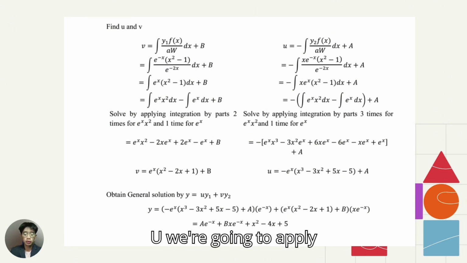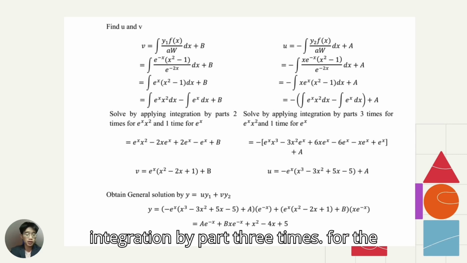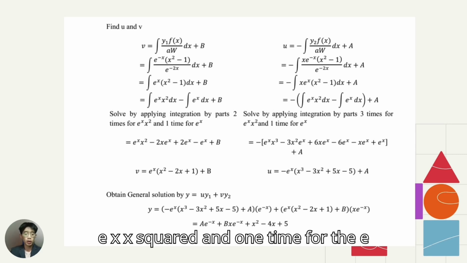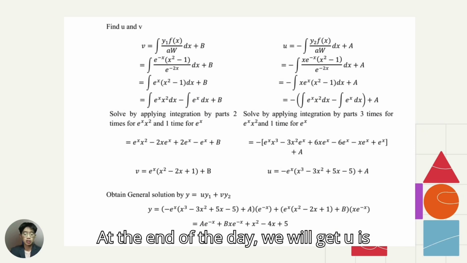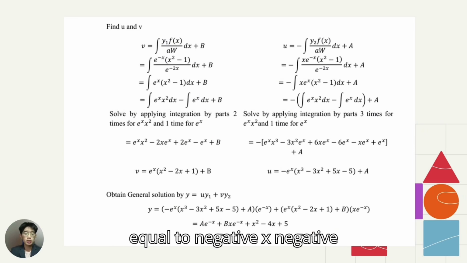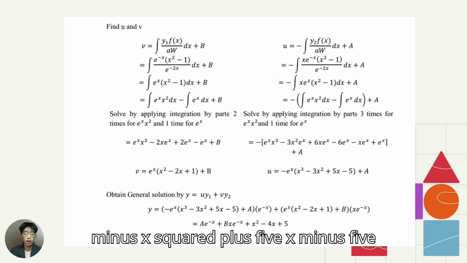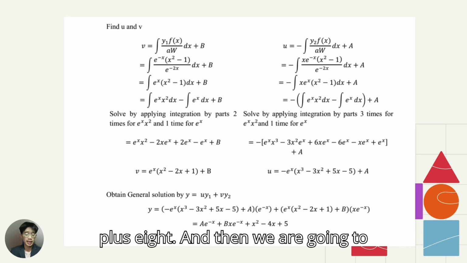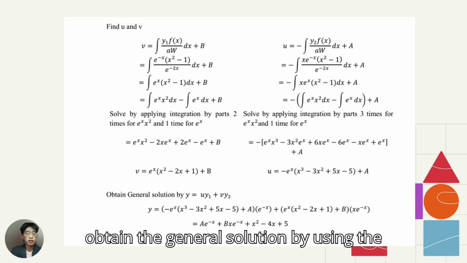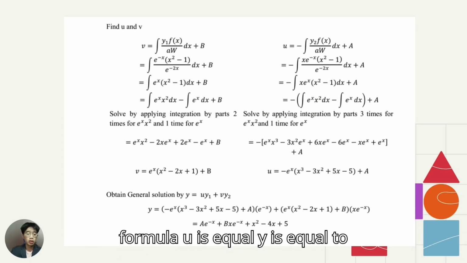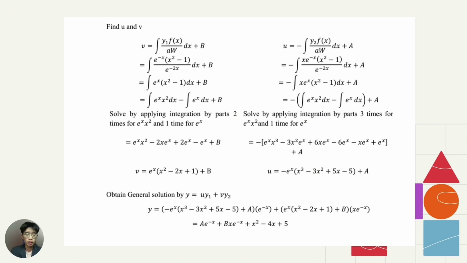For u, we're going to apply integration by parts 3 times for the x squared and 1 time for the e^x. At the end of the day, we will get u is equal to negative e power of x (x cubed minus x squared plus 5x minus 5) plus 8. Then we obtain the general solution by using the formula y is equal to u y1 plus v y2.